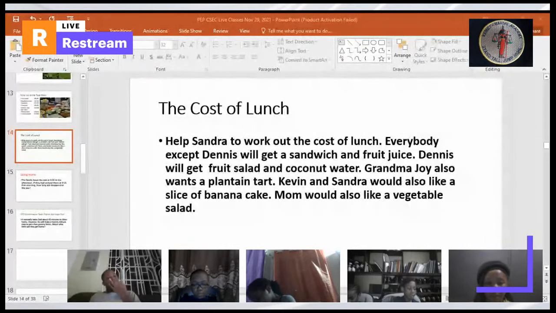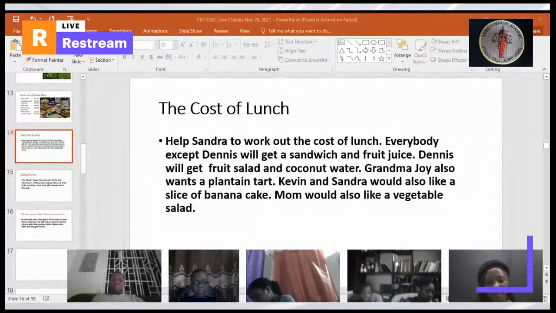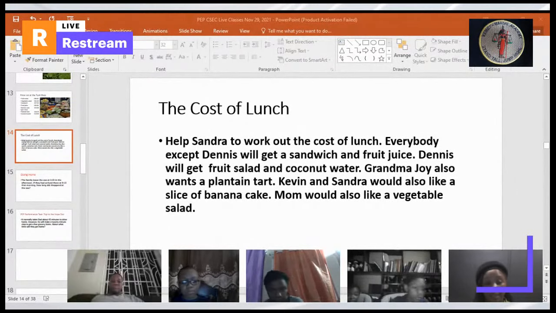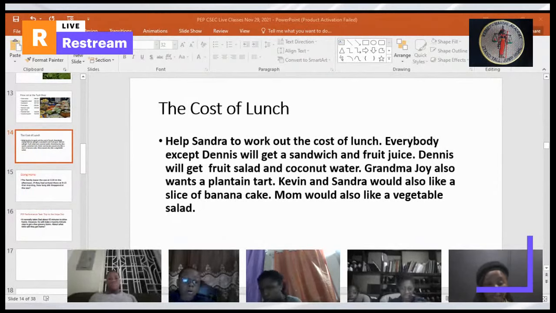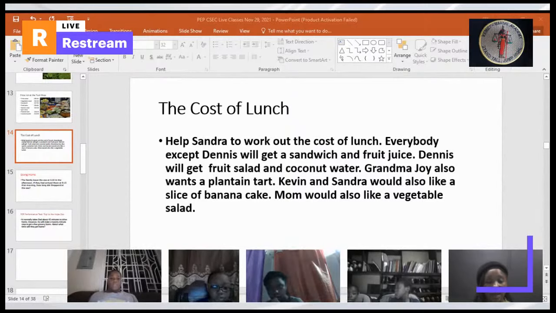I wonder if you are looking at the screen carefully? Everybody wants a sandwich and fruit juice, except Dennis. Dennis is the baby.